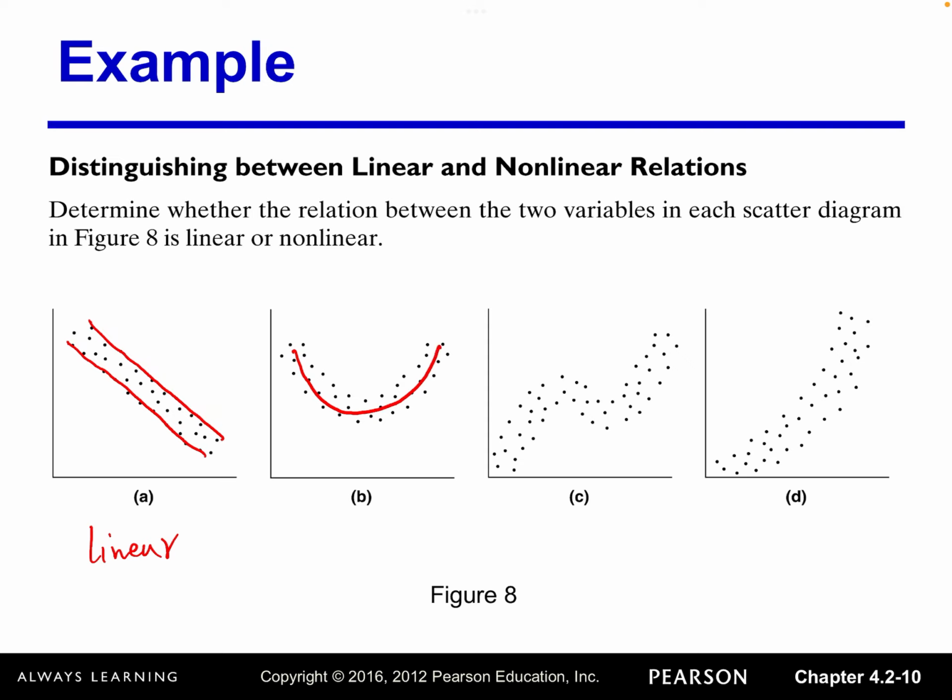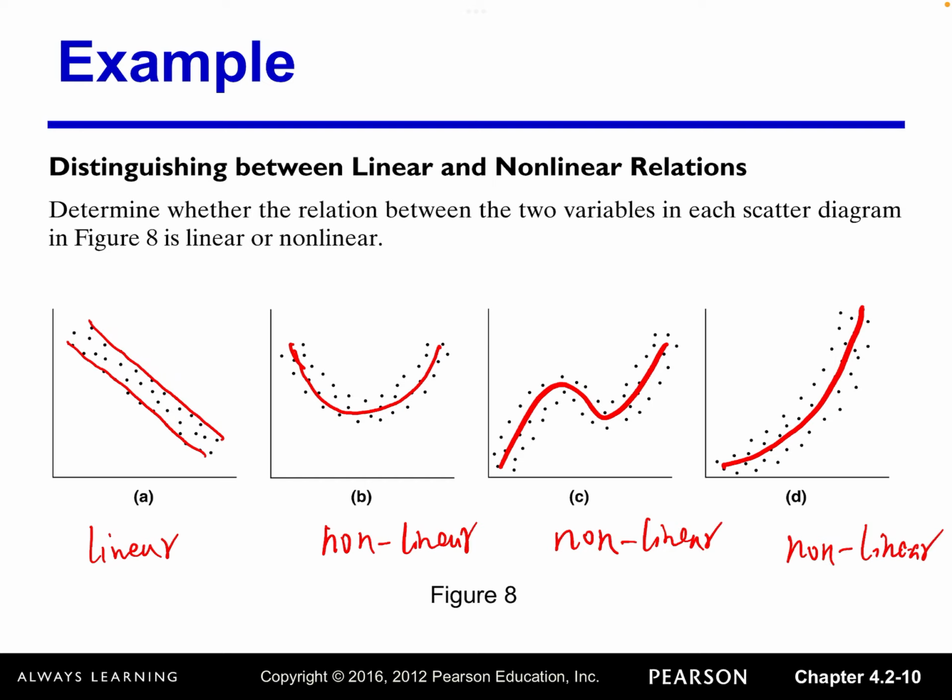This data band is more like an upward-opening parabola, so this is nonlinear. This one has a curve, so nonlinear. And this one has a curve, nonlinear, more like exponential data.